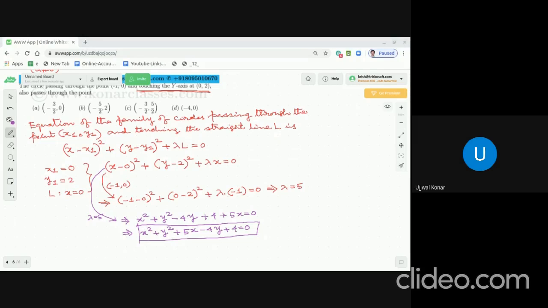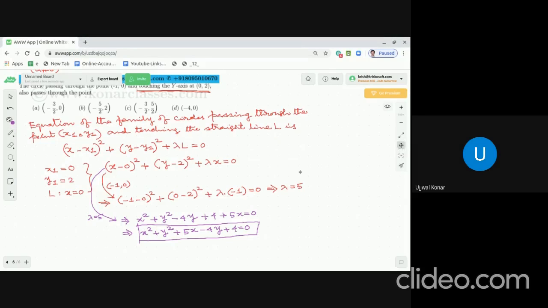What is the efficient approach? According to the question, it is touching the y-axis. So its x-intercept should be equal to 0. Correct? Now, for x-intercept, you need to put y equal to 0.